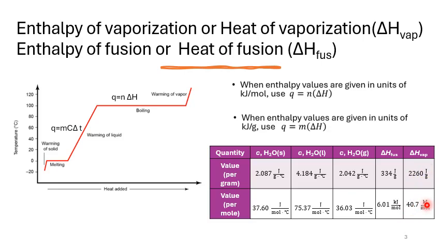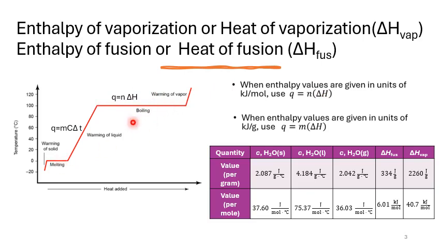The values are different for different substances, and we have to use a different formula depending on the values given. If the mass is given in grams, we can use Q equals m delta H. If it is in moles, we use Q equals n, that is moles, times delta H. That is when there is no change in temperature, so for boiling and melting.